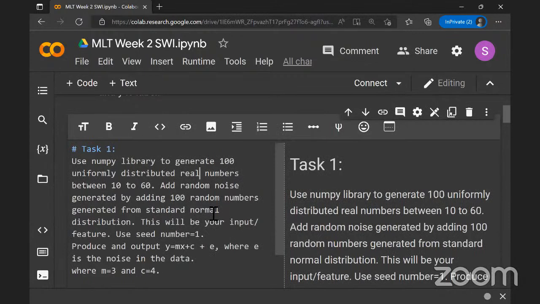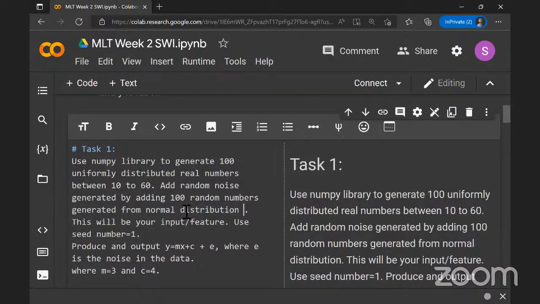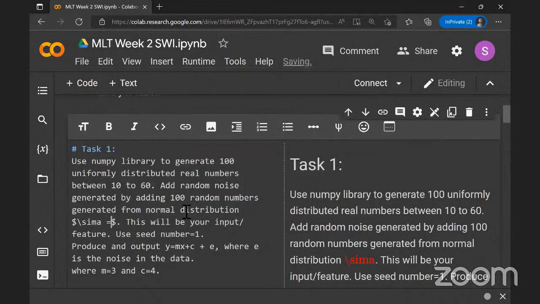or I should change it a bit. Instead of a standard normal distribution, a normal distribution, its standard deviation should be, let's say, 50.